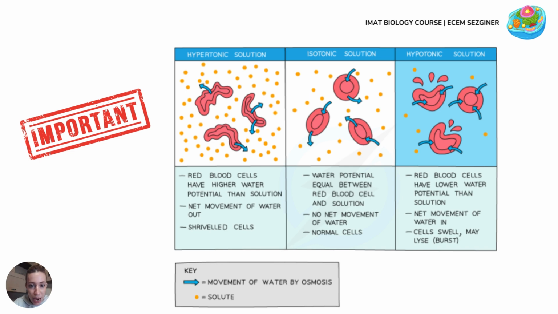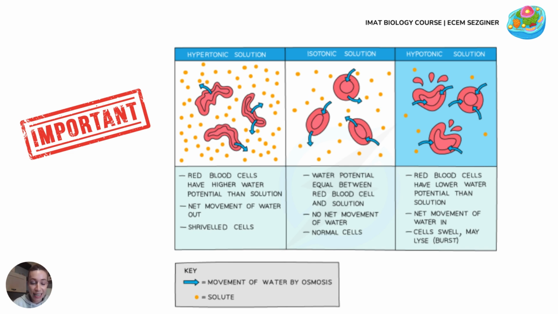If the solution is isotonic, it means that the water concentration, the water potential, is equal in this environment and inside the red blood cells. So there isn't going to be a net movement of water, and it doesn't mean that there is zero movement. Water movement can happen, but it's going to be equal.